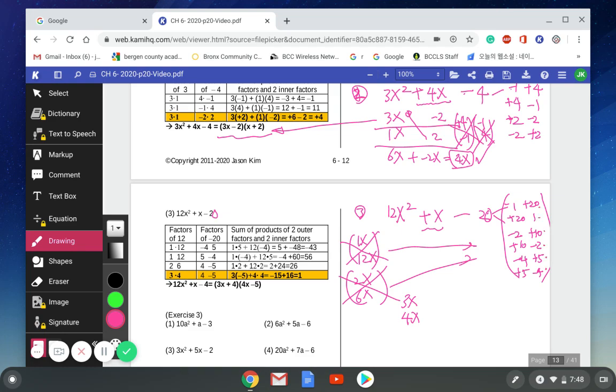Oh my God, 6 combinations. All of those didn't work out. The only thing that worked was 3x and 4x with a 4 and negative 5. When you cross multiply, negative 15x with positive 16x makes 1x. Bingo. So this setup worked out.